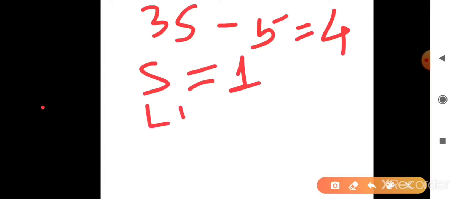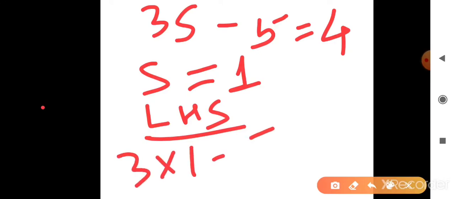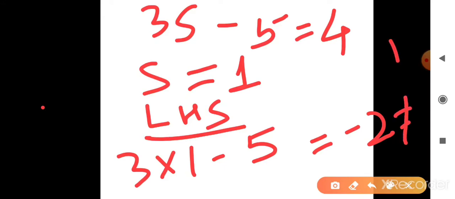So again try with the left hand side. You need to replace s with 1, remember that. So 3 into 1 minus 5. If you solve this, you get minus 2, which is again not equal to our right hand side. Therefore 1 is not the exact value of our variable s.